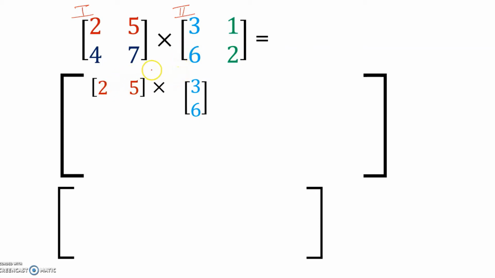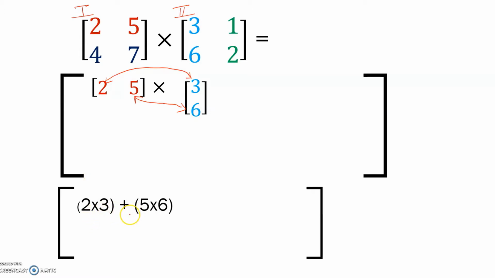Let's multiply the first element with the first element here. So that will be 2 times 3. And let's multiply the second element with the second element in the column. So that's 5 times 6. Add them together. So we have in our solution matrix 2 times 3 plus 5 times 6.